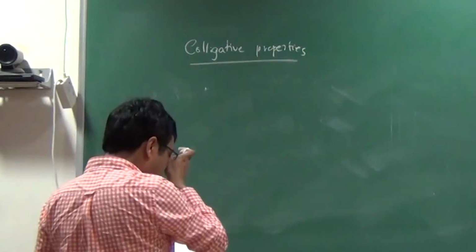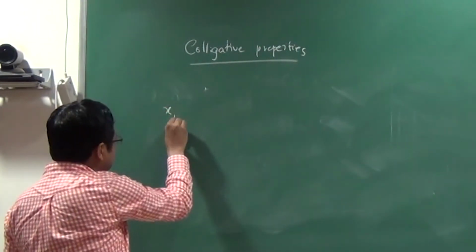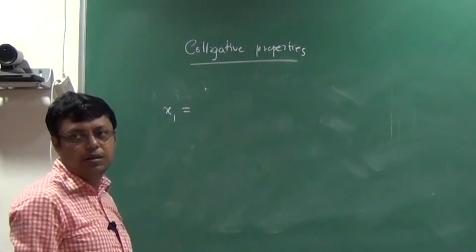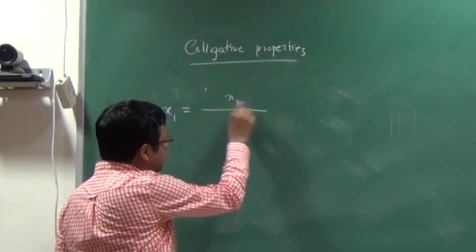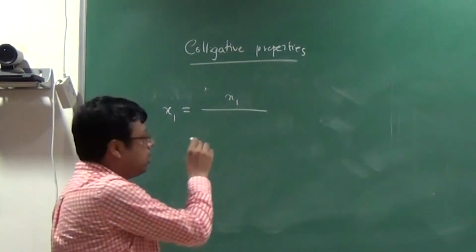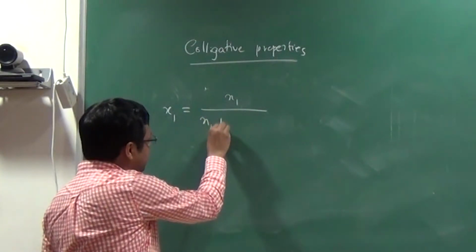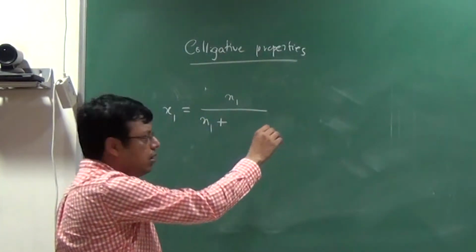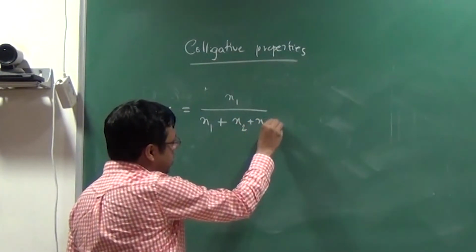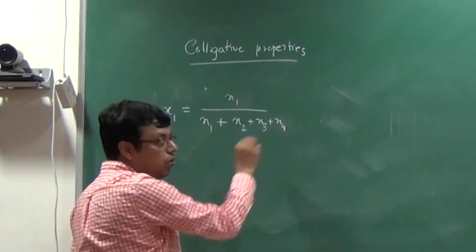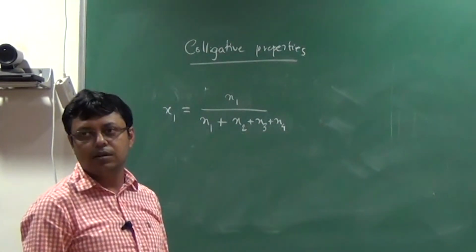Now, what is x1? x1 is a mole fraction, right? So the number of moles of solvent present, divided by the total number of moles, N1 plus N2, N3, N4. So 2, 3, 4 all are solutes. Clear?